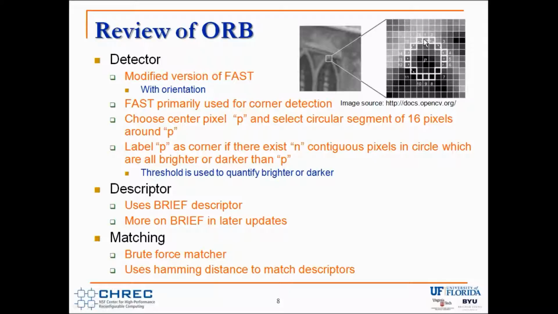P is a corner if there are 12 continuous pixels which are brighter in intensity than the center pixel, which is the pixel under investigation. When any of these conditions is satisfied, pixel P is determined as a corner.